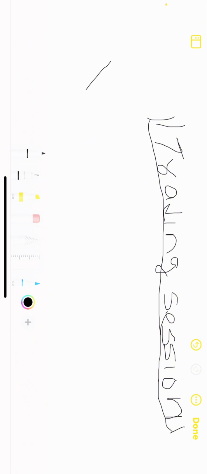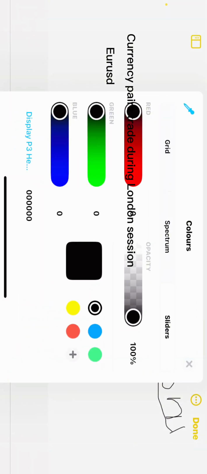So I'll list the pairs that we trade during the London session. We trade any European pair, okay? We have the Euro USD, we have the GBP USD, any European pair, because during this session the market is very volatile.